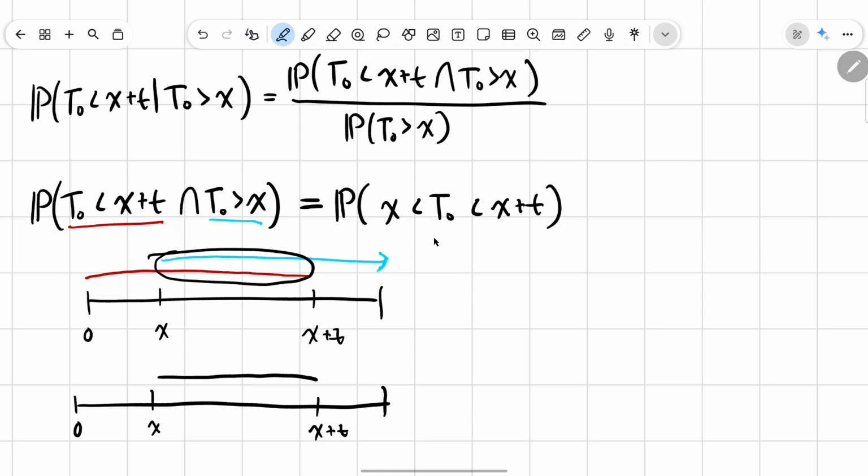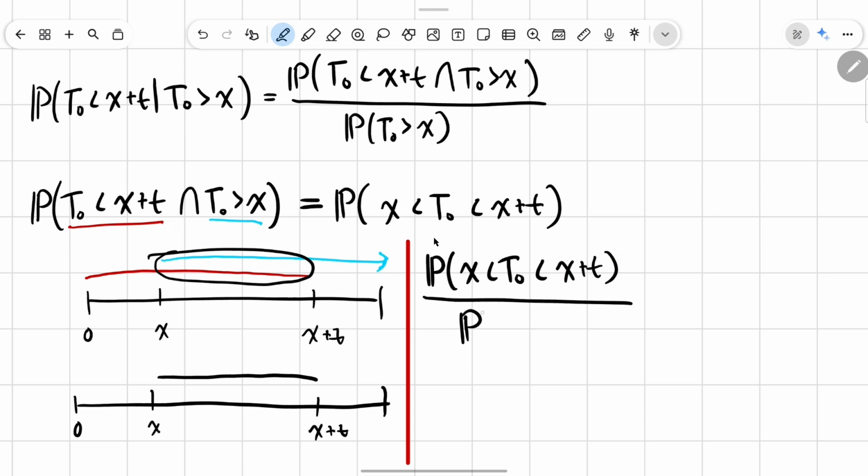Now, we can rewrite the whole equation. So our starting equation can be written as the probability of T0 is greater than x but is less than x plus t, all over the probability of T0 greater than x.